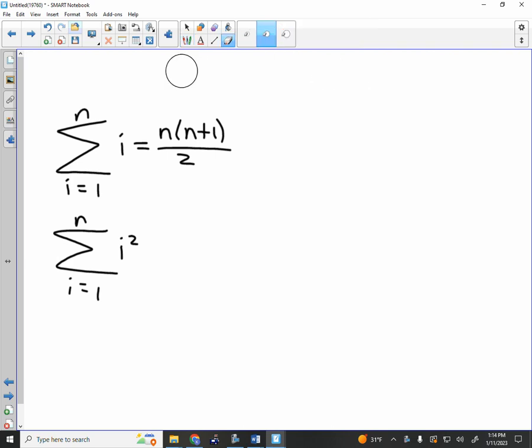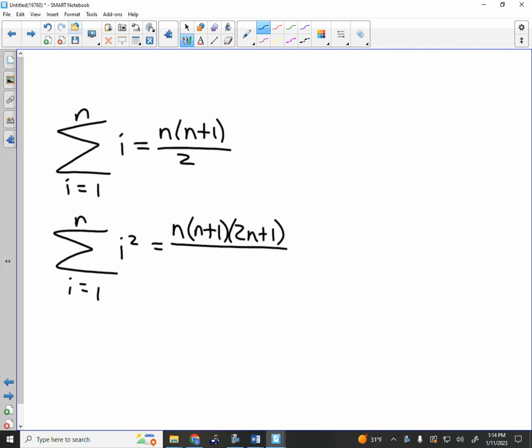Well, we proved that last year as well, and it came out to n times n plus 1 times 2n plus 1, all divided by 6. If you can't tell, I'm doing these from memory, and I'm worried I forget it.